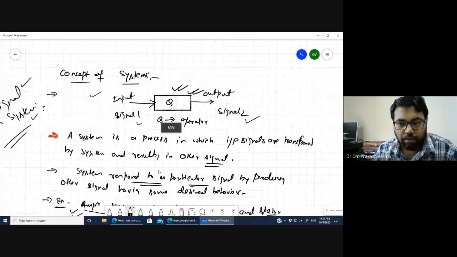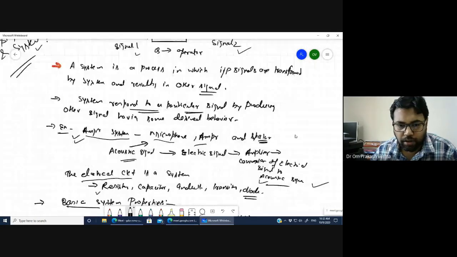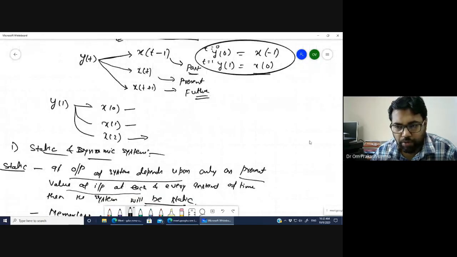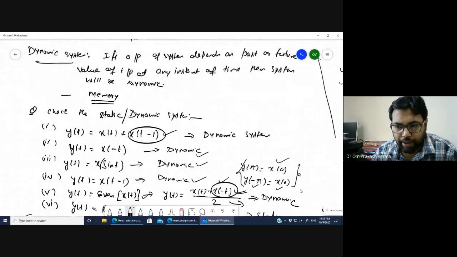So yesterday we started with the system properties. We have seen the two types of properties: first, static and dynamic, and we took some examples.